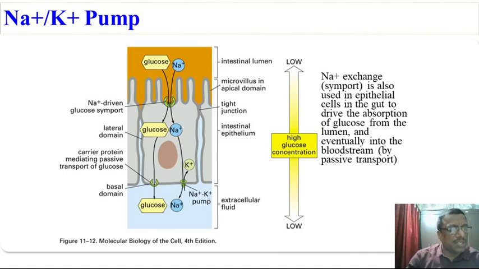These finger-like projections help in extension of the plasma membrane. The plasma membrane is greatly extended so as to absorb the digested food material. Here it helps in digestion, and it helps in the absorption of the digested food material.